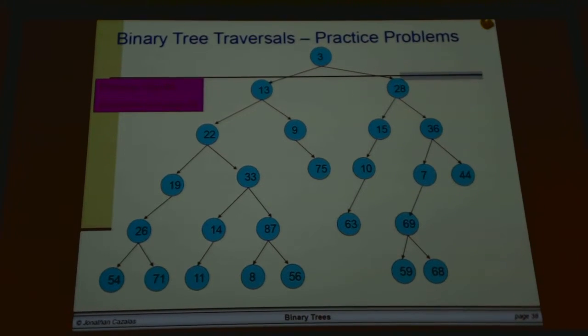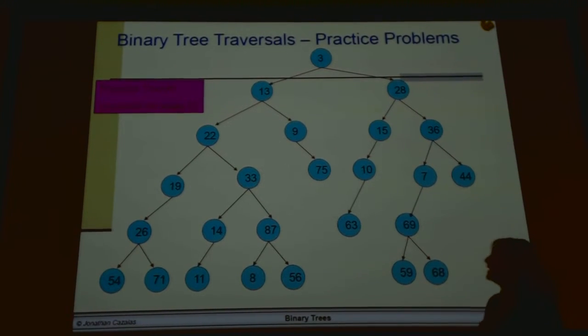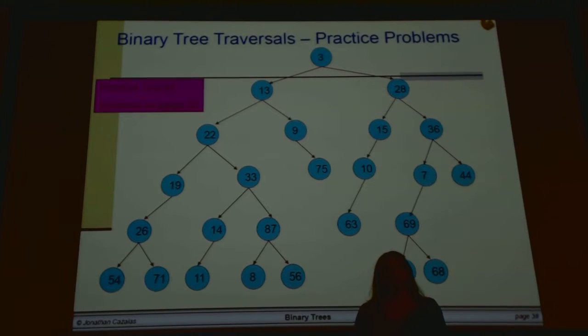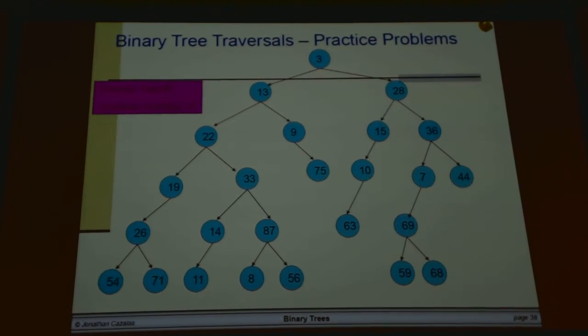We need to deal with 22 as the parent to 19. So we can print that. Where do I go after my 22 is visited? To my 33, because we got to do the right. Remember, look at that relationship. 22 has a left and a right. We printed our 19. We've printed our 22. Now we've got to go to our right and do our 33.